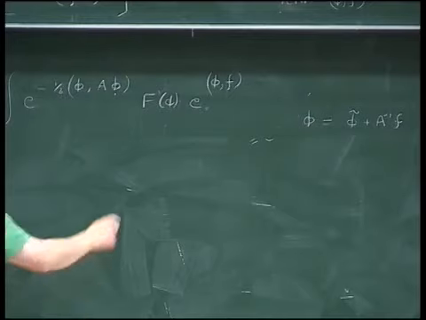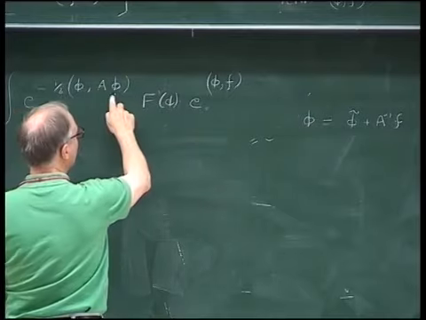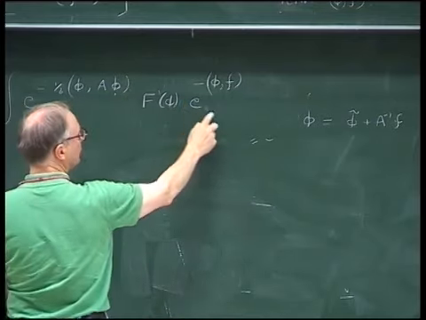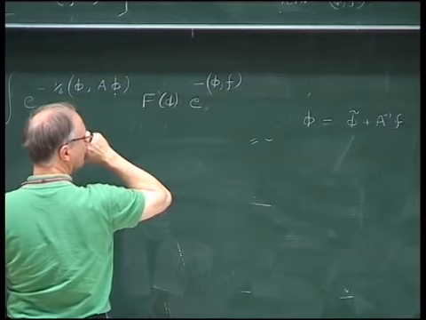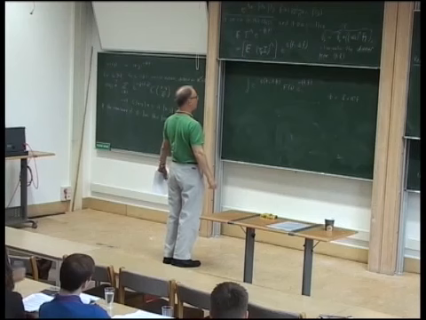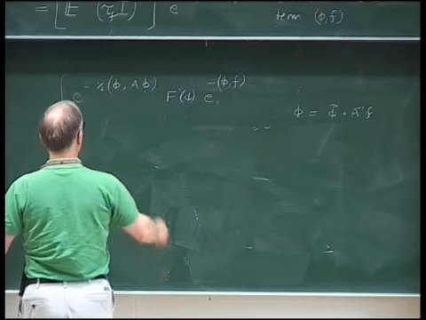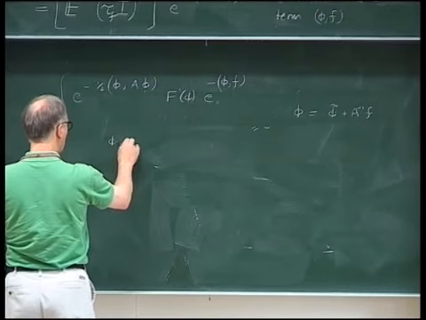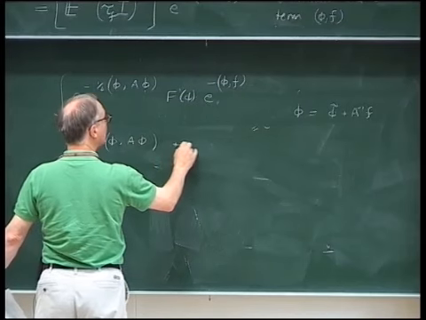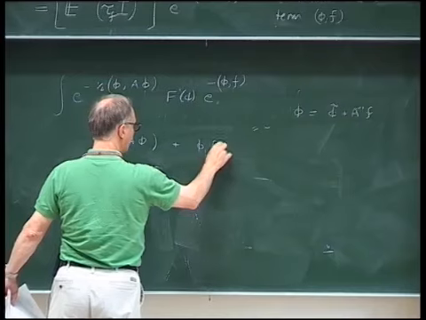Maybe I've screwed it up, but there is a translation. What I'm trying to do is to choose a translation which will eliminate this term. There should be a minus sign here. Perhaps I've got the wrong sign. So let's write it this way: phi, a phi, plus phi f.